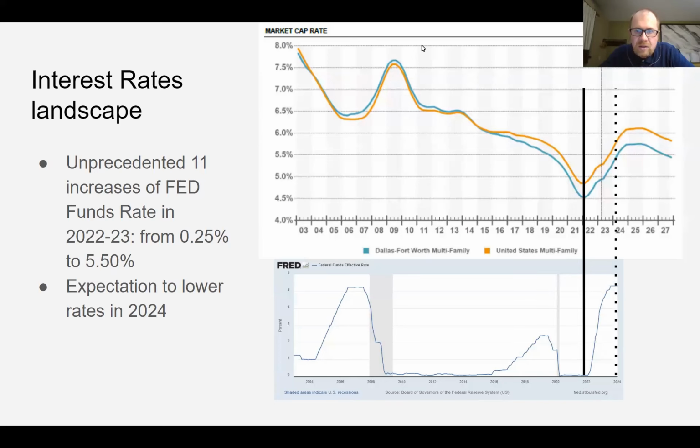And interestingly enough, if you look at the other examples here, like the increase of interest rates between 2004 and 2008, it took a while for it to have an effect on cap rates.